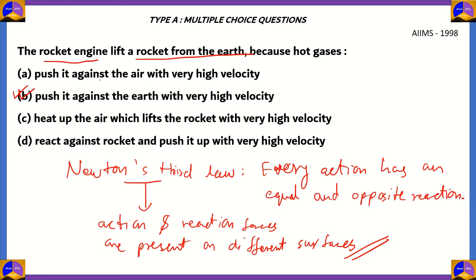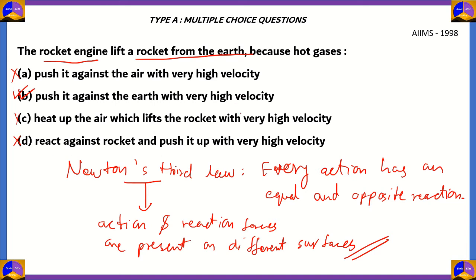Pushing it against the air is not the correct option when lifting a rocket from the earth, so option A is incorrect. Option D, react against rocket and push it up with high velocity, is only partially true. The most appropriate option is option B. So heating up the air which lifts the rocket does not work, because that does not involve Newton's third law.